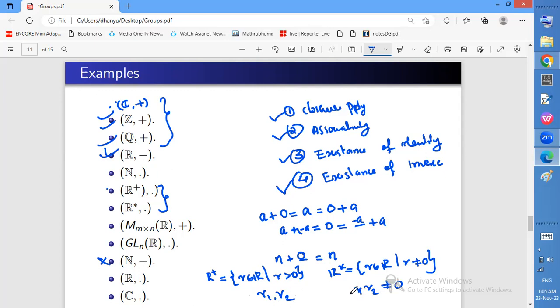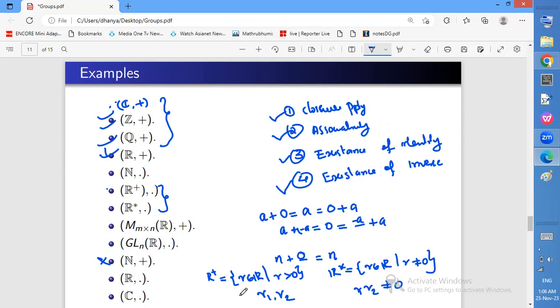Therefore, multiplication is a binary operation on the set R star also. Now, we already know that multiplication of numbers is always associative. So there is no need of checking the second condition. This is straightforward.